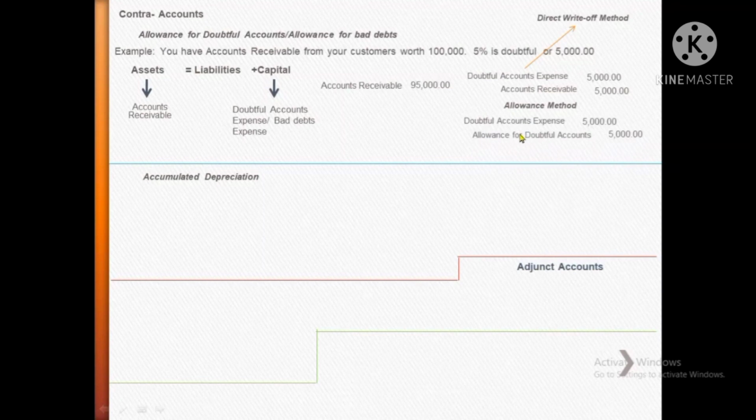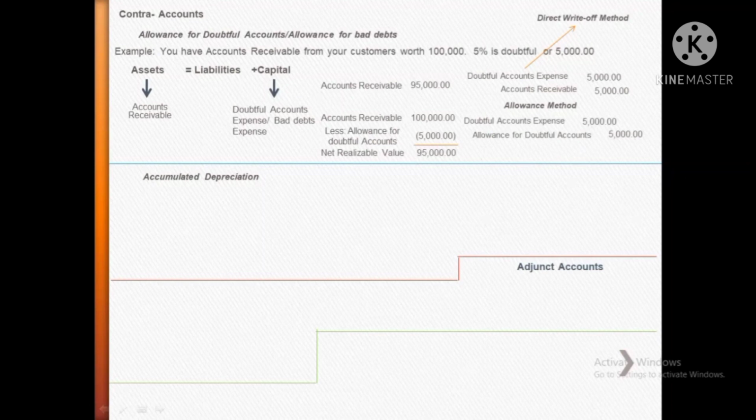And then presentation in the financial statements will become, instead of accounts receivable 95,000, we're going to recognize accounts receivable at gross of 100,000, but we will deduct the contra asset allowance for doubtful accounts balance of 5,000 to get the net realizable value of 95,000. So that's it for the allowance for doubtful accounts. But before we go to the accumulated depreciation, if you are asked what is the normal balance of allowance for doubtful accounts, then your answer should be credit.